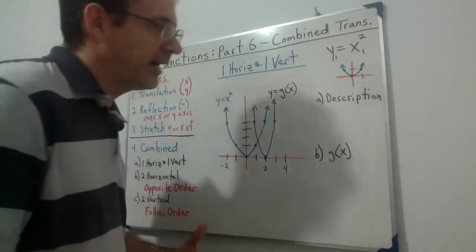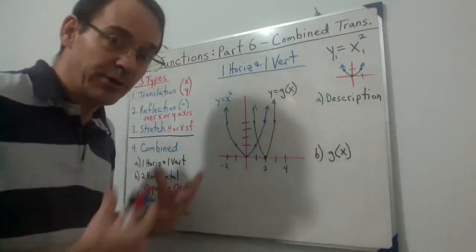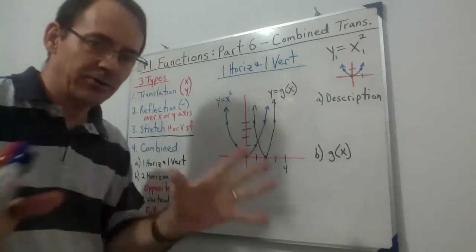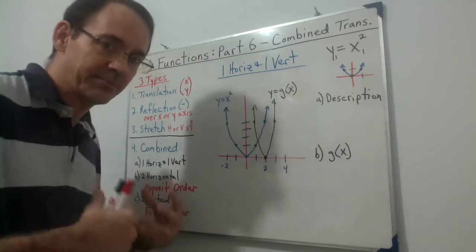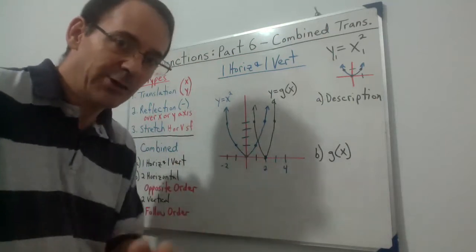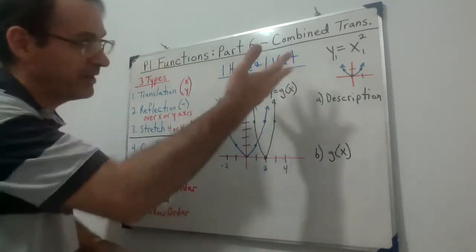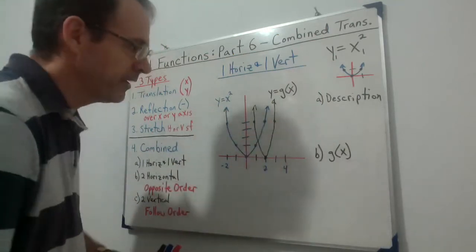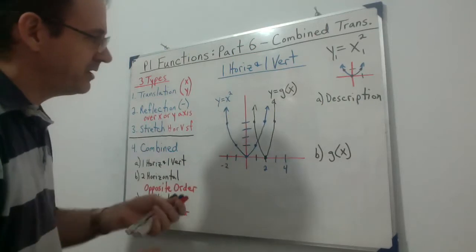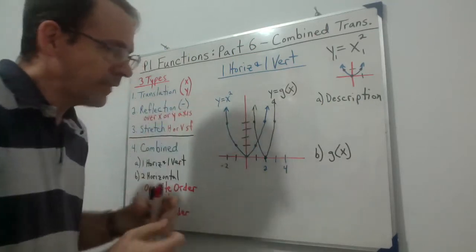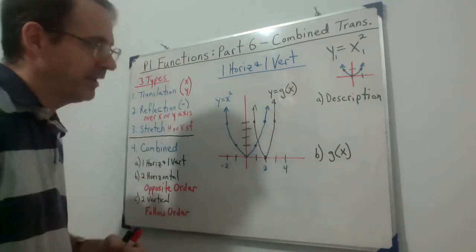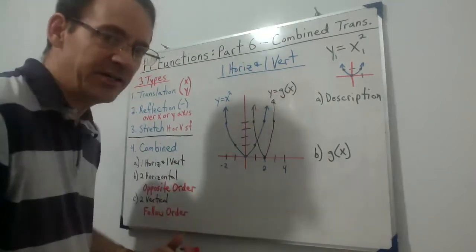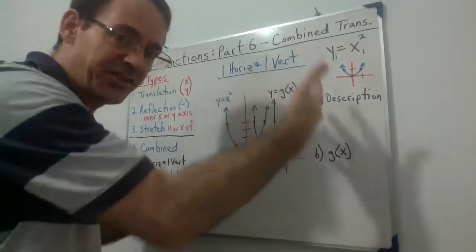So I'll give you the description that I would give if I were looking at this. You don't necessarily have to agree that you like mine better, but if you're following along in the book and you happen to see this particular problem, you can investigate it yourself. But for description here, the blue one, it represents the original. Notice this one is just called g of x, and usually g is the second one.